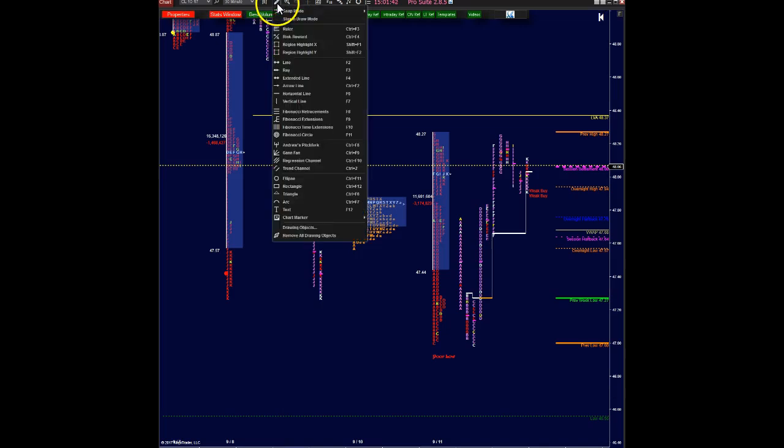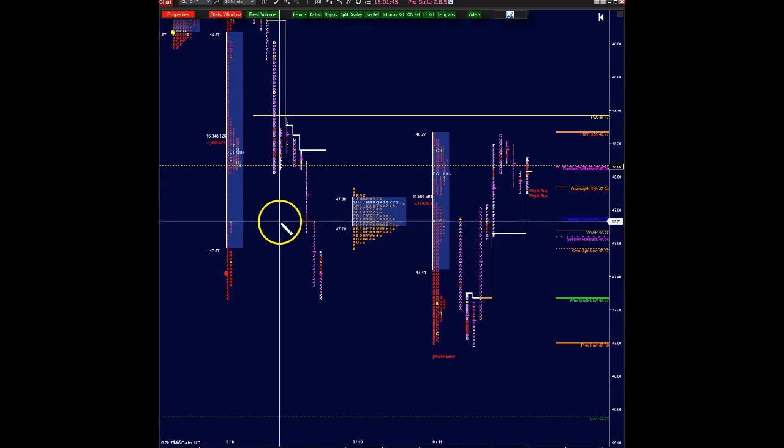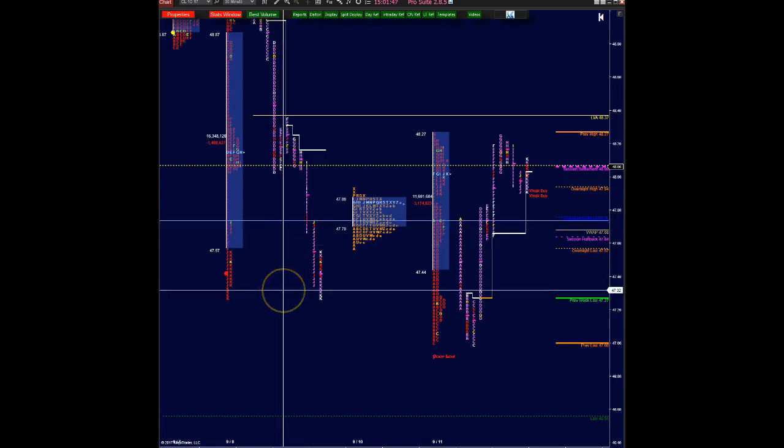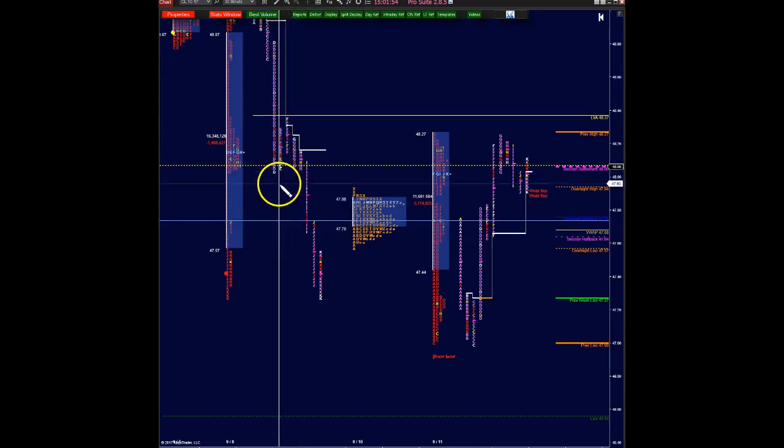First of all, I had two horizontal lines, two levels that I was watching when we opened. One of these lines, and the other line was right here, right there.